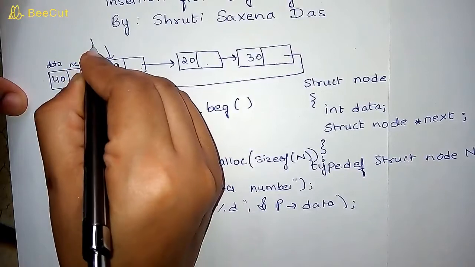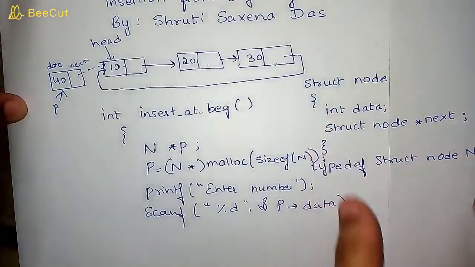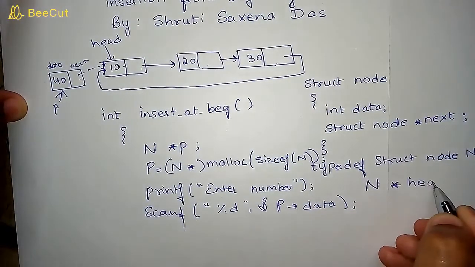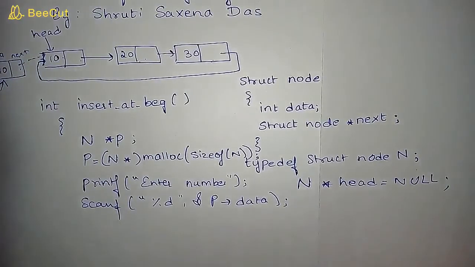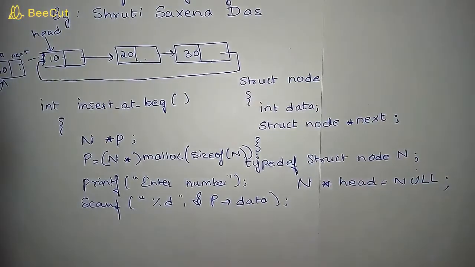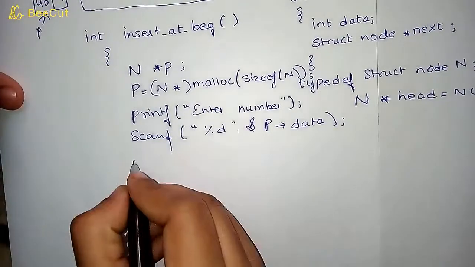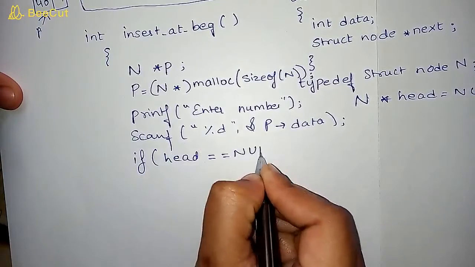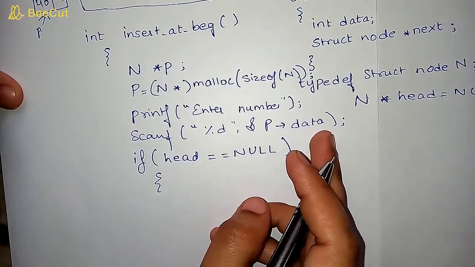There should be one pointer head which must be pointing to the first node. Generally when we create the structure, we create one head also, and we initialize it to null. So I have to take this condition also: if head is null, that means whatever node you are going to insert is the first node. So if head is null, p data value you have already given.